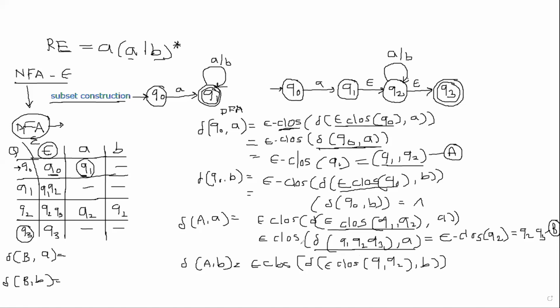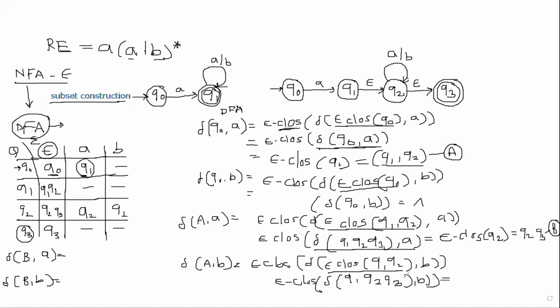So what is epsilon closure of Q1 Q2 inner bracket? It is giving me Q1 Q2 Q3. So this bracket is giving me the answer as Q1 Q2 Q3 with B. This transition you have to check, and out of the bracket you have always epsilon closure.